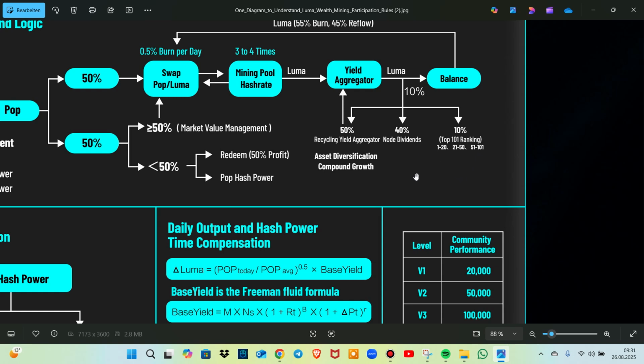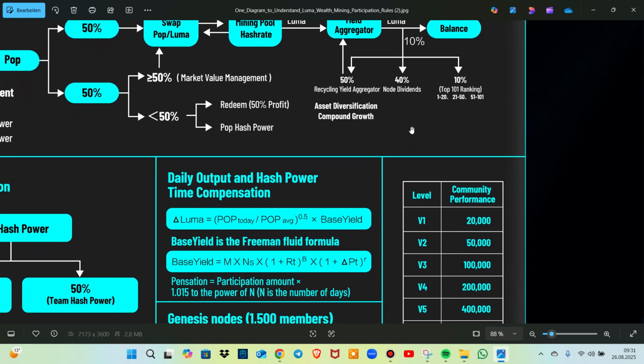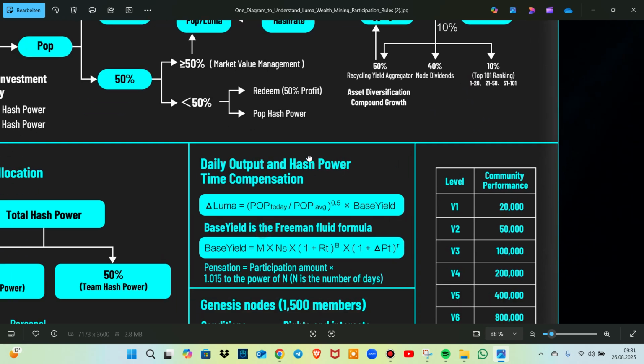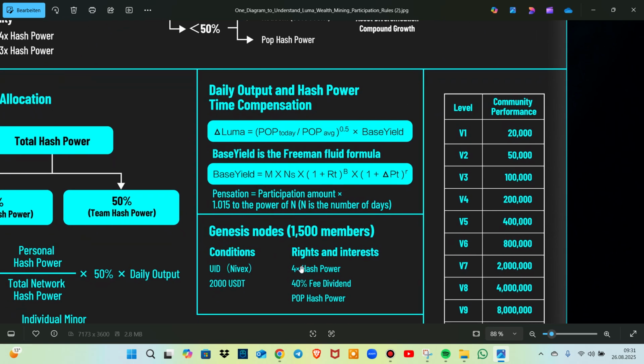So the best 101 distributors, they will get 10%, and the node owners will get 40%. So the node business will become a very profitable business.